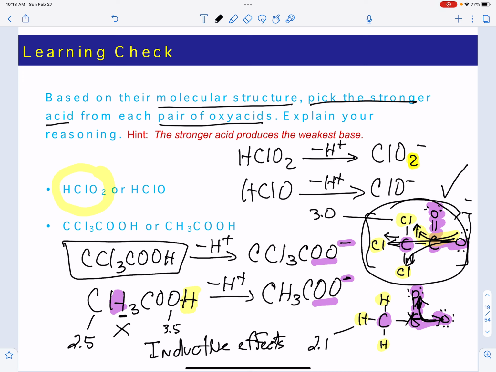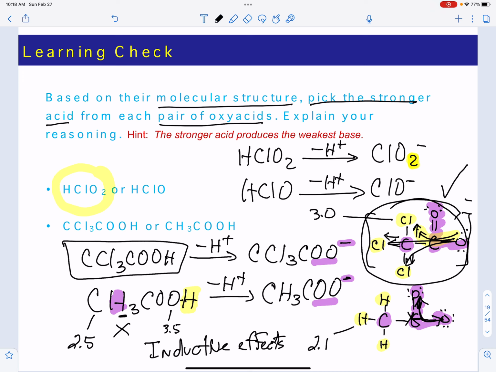And things that are going to allow you to spread that charge: the electronegativity of the atom where the charge is, bringing it closer to the nucleus, or elements down the molecule that can attract that charge also and spread it over the 5 bedrooms in the bigger house.